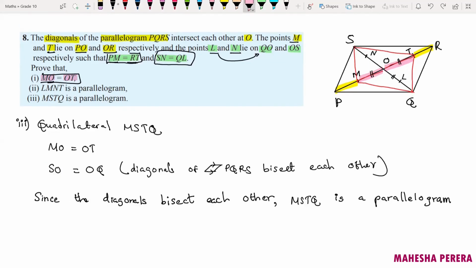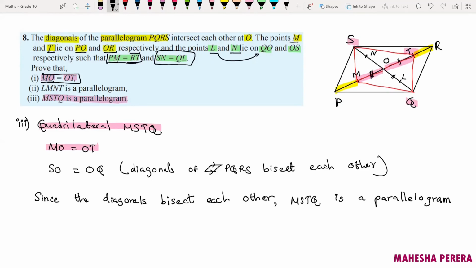Now next we need to prove MSTQ is a parallelogram, right? Now you can see the MSTQ quadrilateral. Now if you consider this quadrilateral MSTQ, already we have proved that MO equals OT, right?